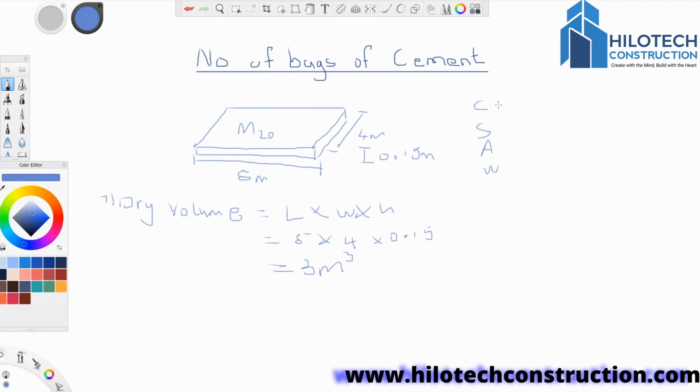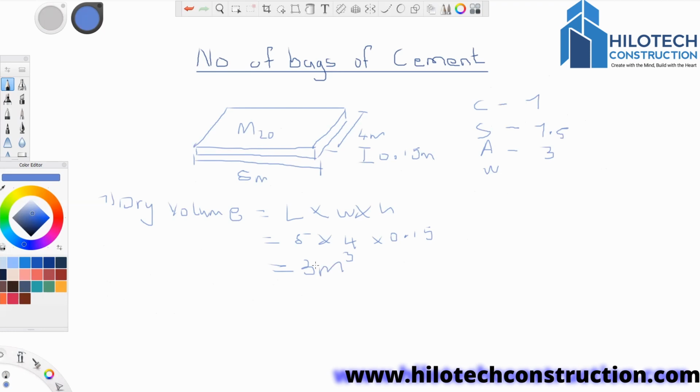For M20, we have 1 bag of cement, 1.5 of sand, and 3 of aggregate. If we mix in this ratio, we are going to have M20. Of course, we also mix with water.